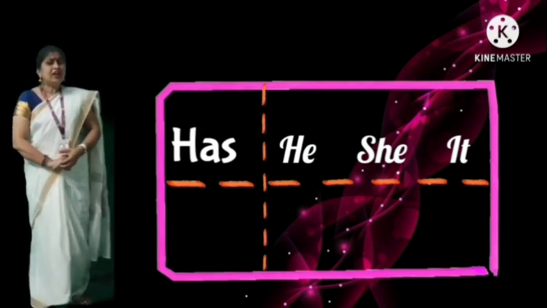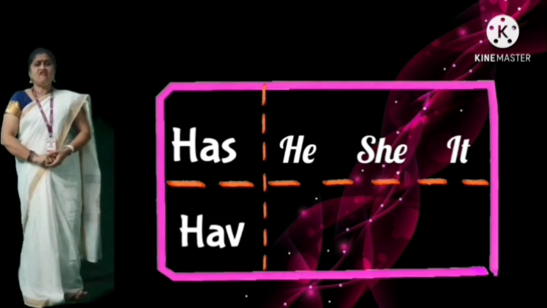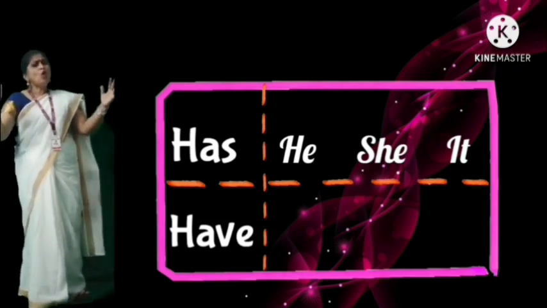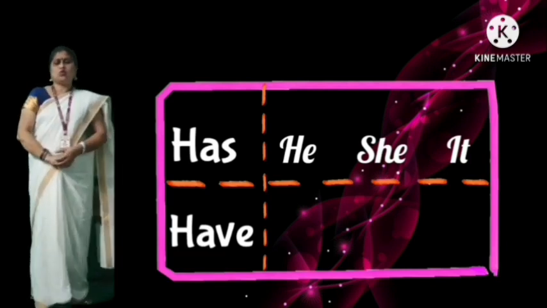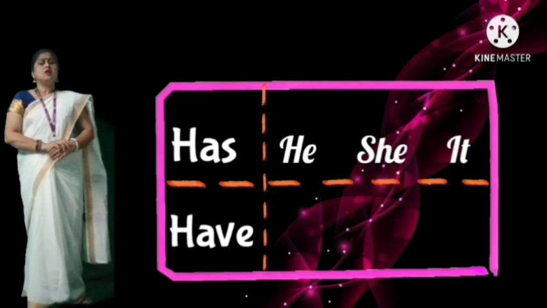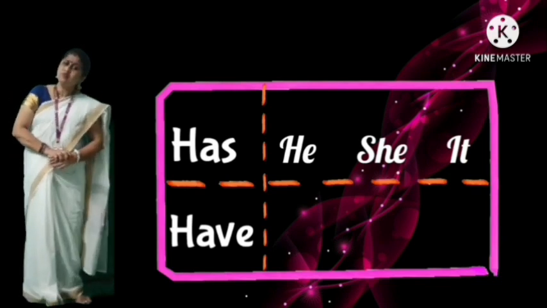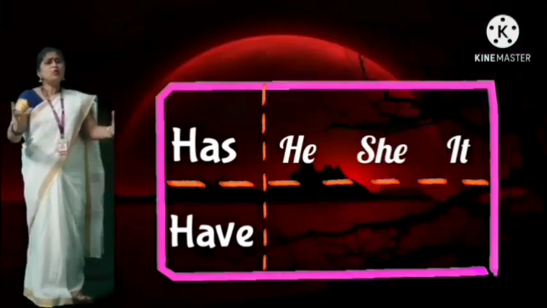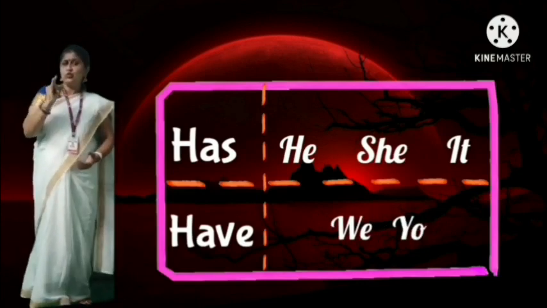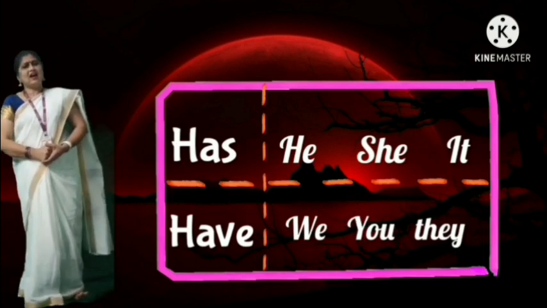And the word have, H-A-V-E, have, is used with more than one noun or with the plural subject pronouns and I. What are the plural subject pronouns? We, you, they and I.